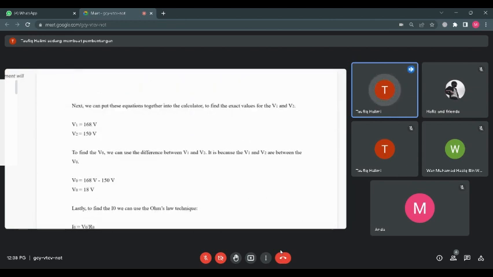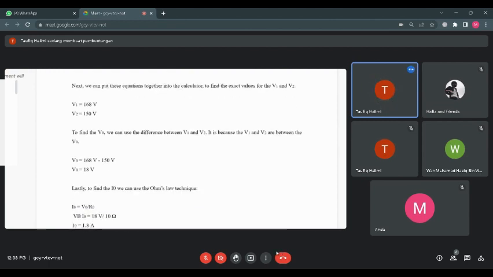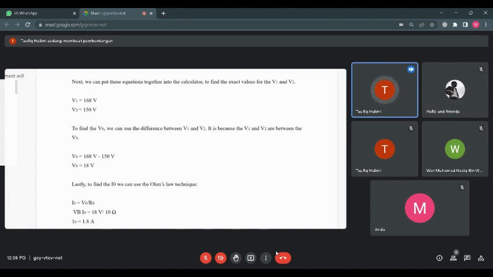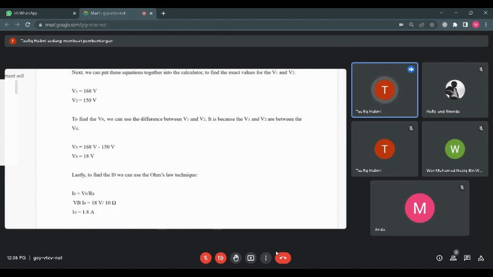Next, we put our equations into the calculator to find the exact values for V1 and V2. After that, as we know, the value of V0 is the difference between V1 and V2, so V1 minus V2 equals V0.